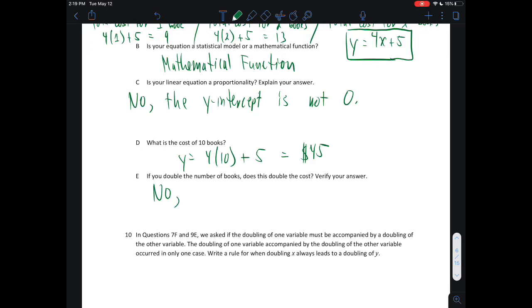Well, while the cost per book, when you multiply that by a double amount of books, that doubles, the shipping does not. So the shipping never changes. So that's really the reason. So the reason why this does not double the cost is because the shipping does not double.